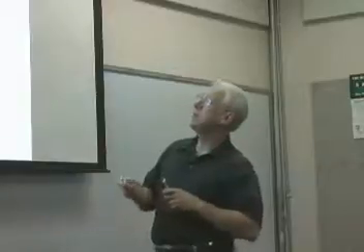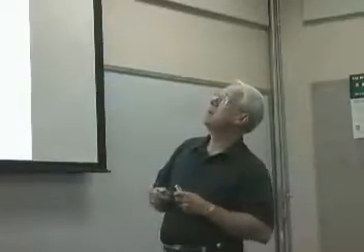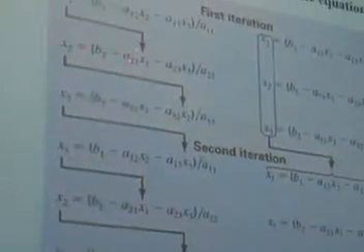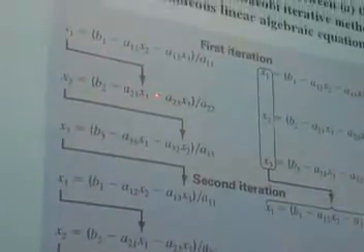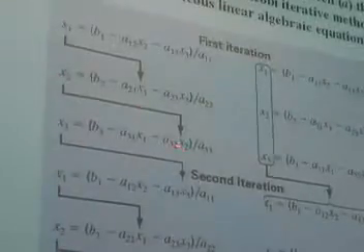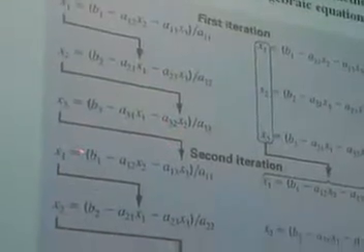Okay, let's take a look. The difference between Gauss-Seidel and Jacobi iteration. A, B, first iteration. All right, so here's x1. We calculate x2 based on x1. We go down here, there's the value from x2, goes into the second iteration.